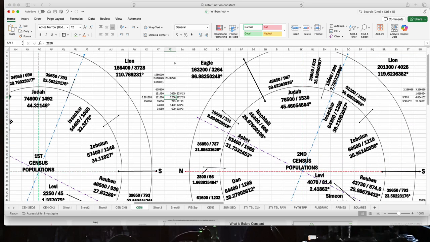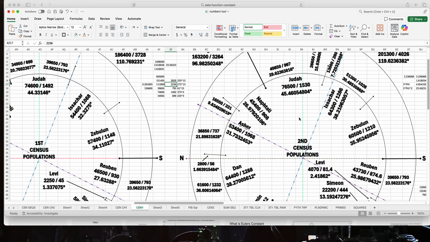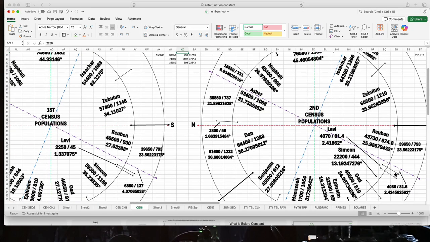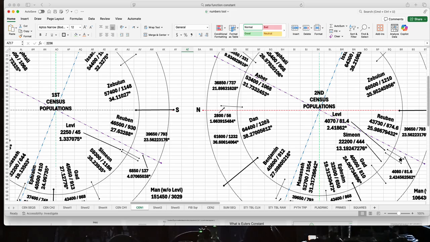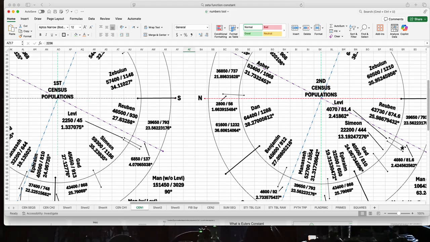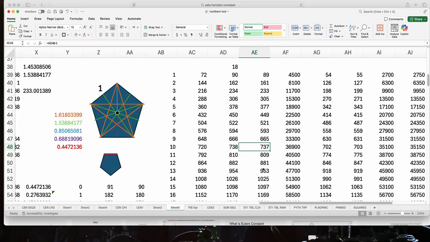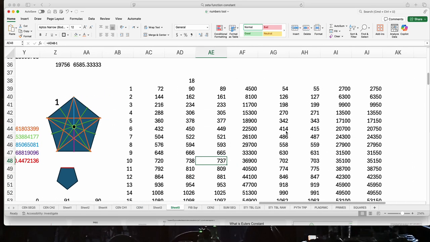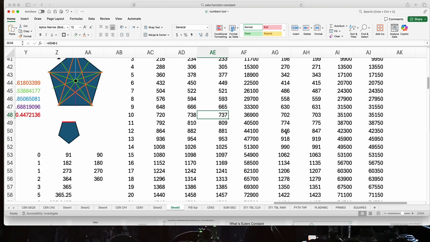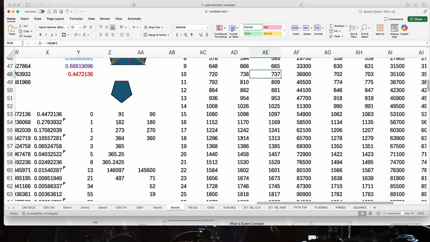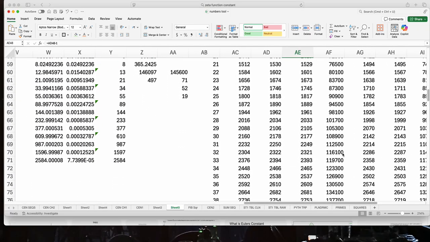Again, Judah's number is 76,500, 1530. That's going to show up in that series of numbers. Just kind of interesting, some of these things that pop up. 40,500 is a number that shows up in there. So it's just something that I noted today when I was looking at this. That it just kind of popped up on there. So all of that's pretty fascinating.